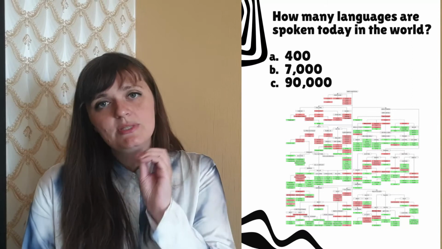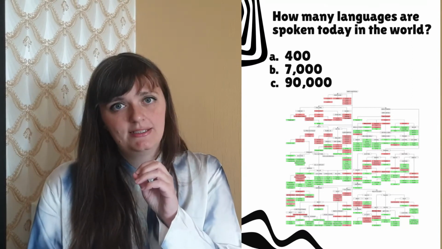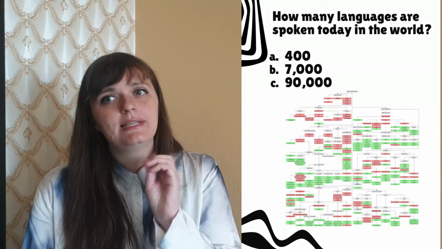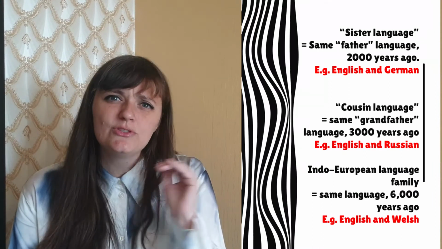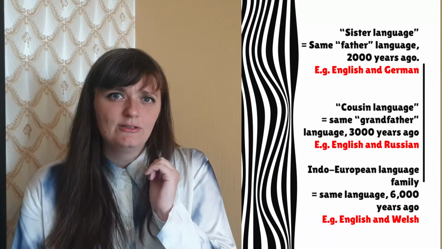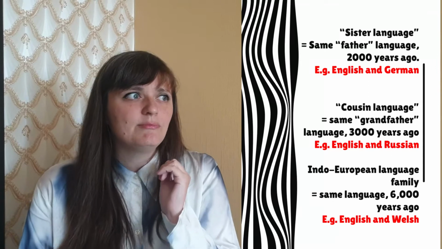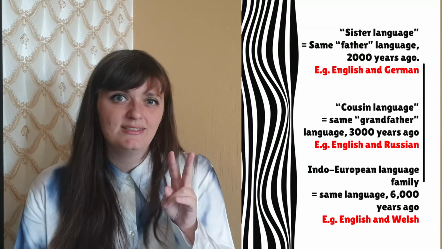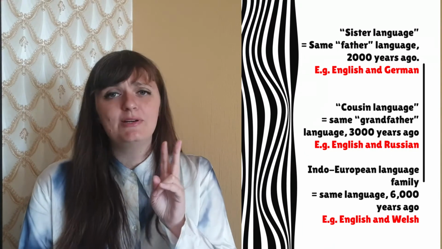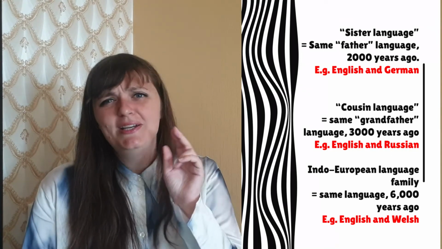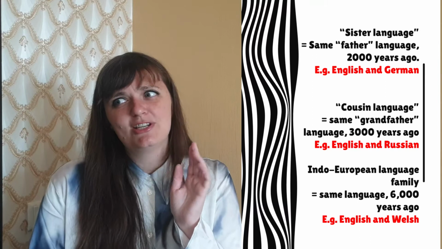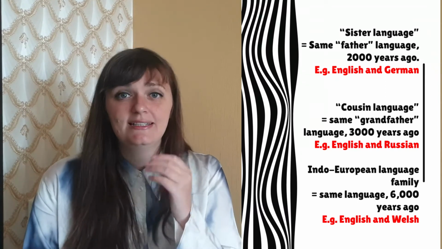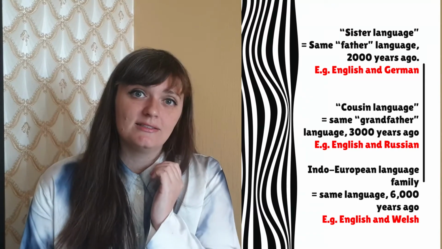So when we study languages, we can think about languages which are very close to each other in the family. For example, maybe we can say English and German. They are like 2 sisters. And then we can think about languages which are quite close in the family, but maybe just cousins. For example, English and Russian are cousins.